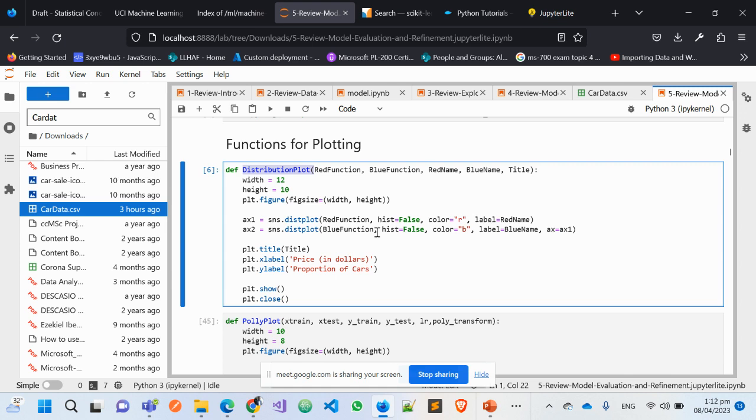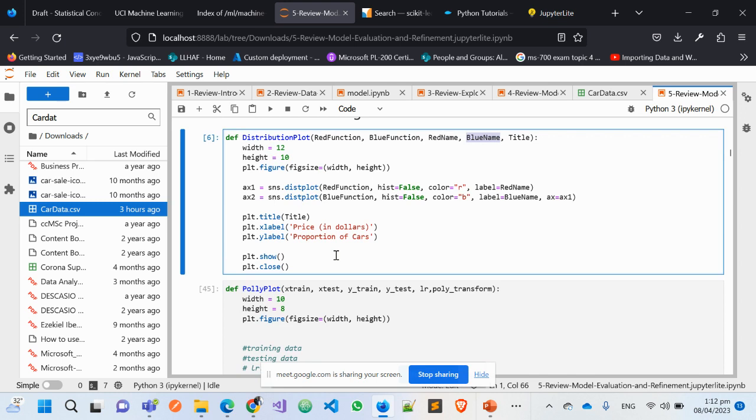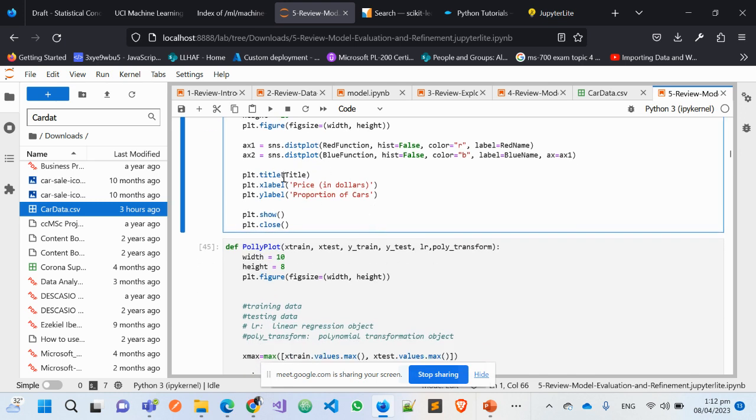What I mean is, in terms of your predicted variable and the actual variable, how do you differentiate them on the distribution plots? So that's why we have red function, blue function, red name, blue name, and the title of the plots. The title will always serve as the header.